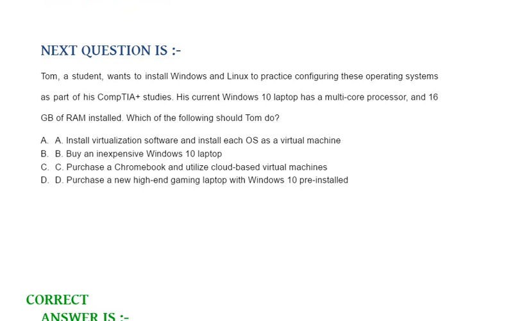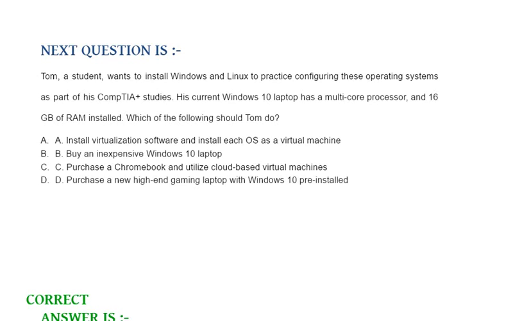Next question is, Tom, a student, wants to install Windows and Linux to practice configuring these operating systems as part of his CompTIA A+ studies. His current Windows 10 laptop has a multi-core processor and 16 GB of RAM installed. Which of the following should Tom do? Option A. Install virtualization software and install each OS as a virtual machine.